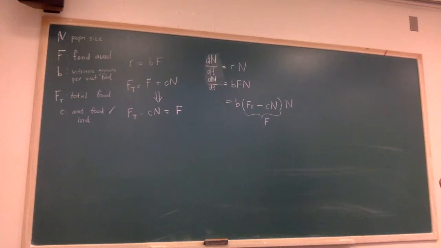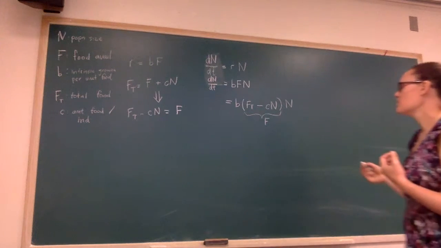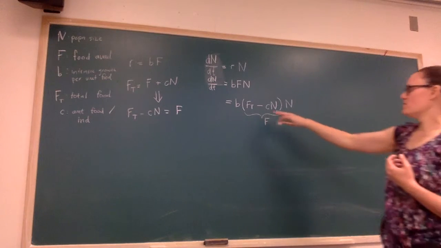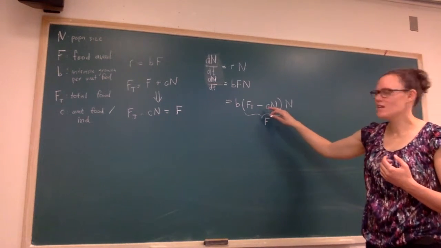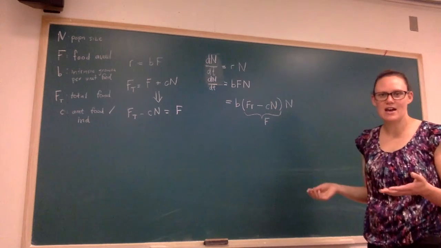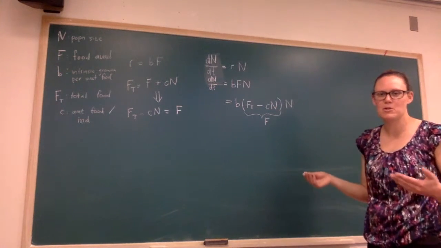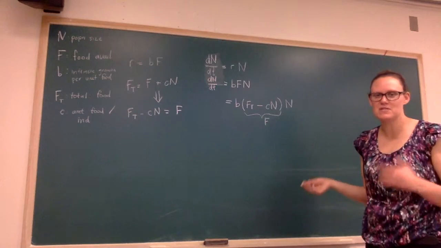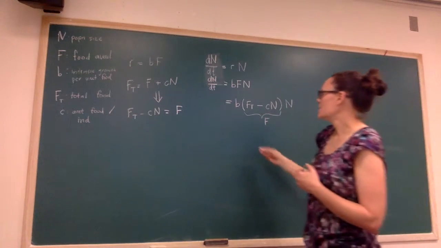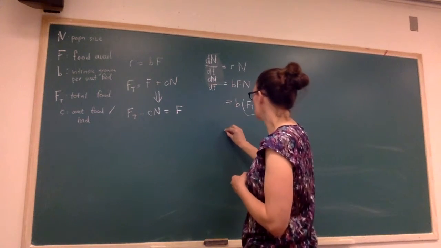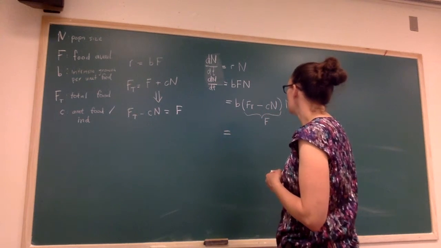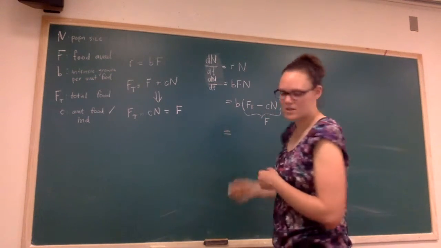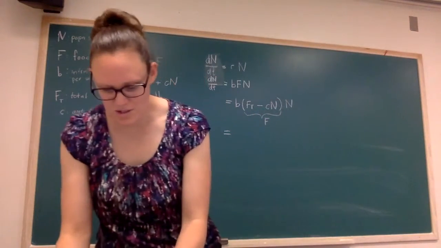Okay, now I want to just rewrite this a little bit. So what I'm going to do is divide everything in the bracket by F of T and multiply the outside by F of T. So I'm multiplying by F of T and dividing by F of T, so I'm multiplying by 1. Let me just check that that is what I want to do here.